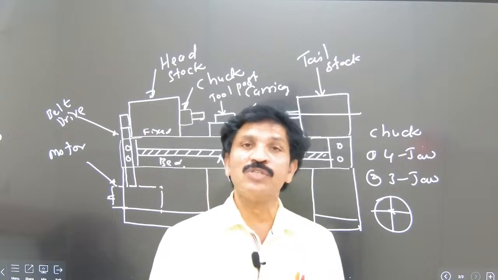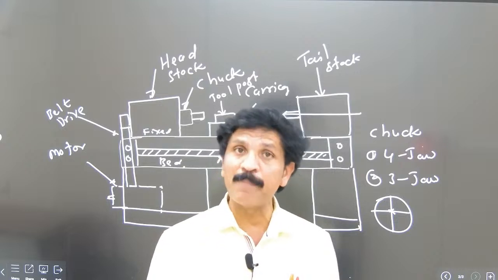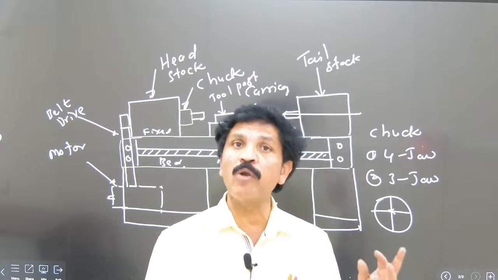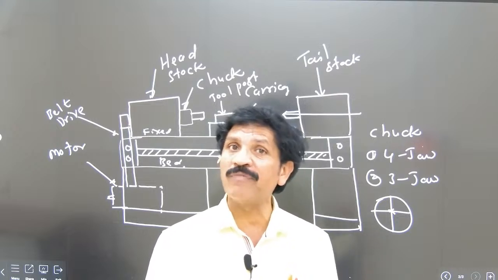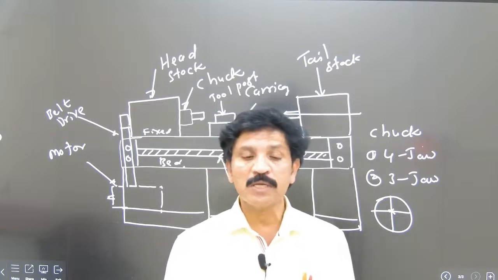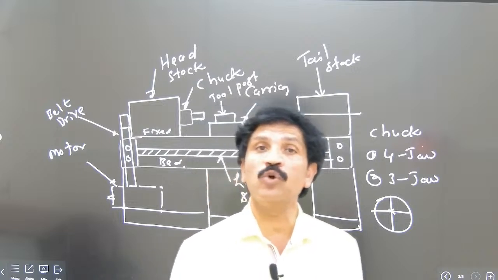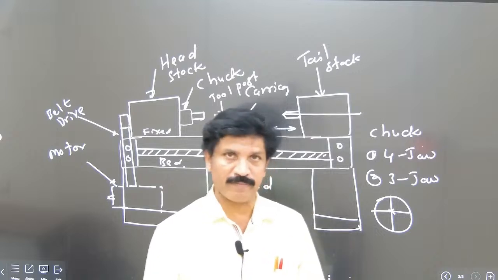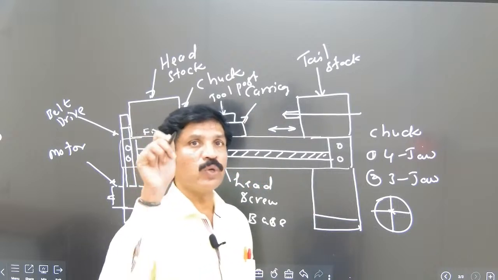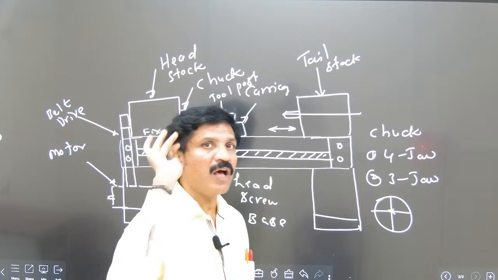In such cases, we can carry away the temperature from the environment of the working place by applying cooling media. That means many lubricants are used for carrying away the temperature at the work spot, in the sense where the tool is interacting with the surface of the workpiece.